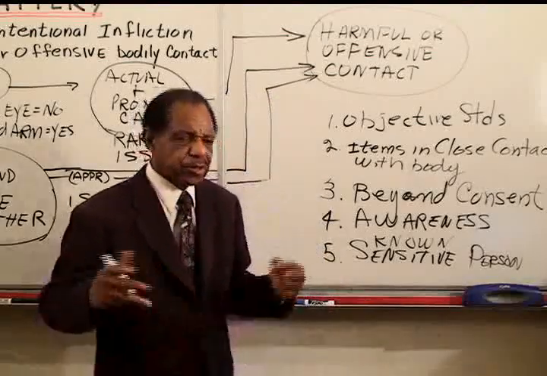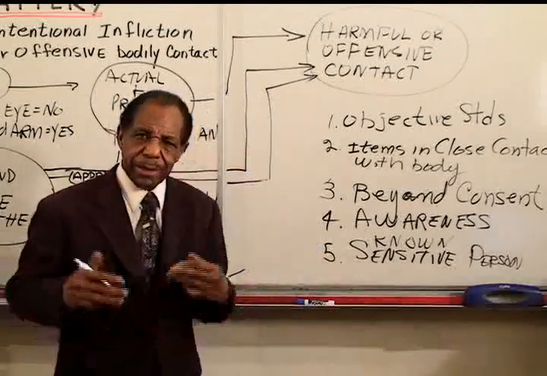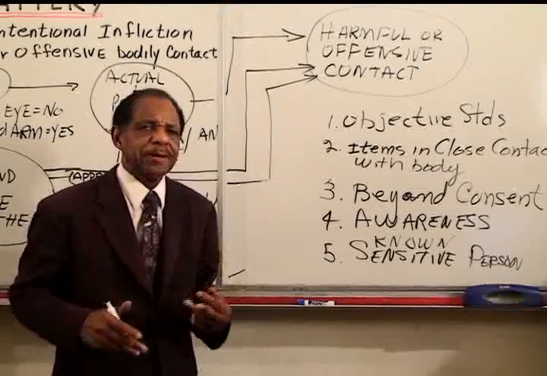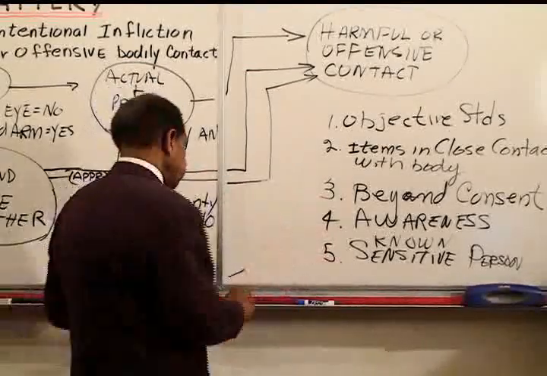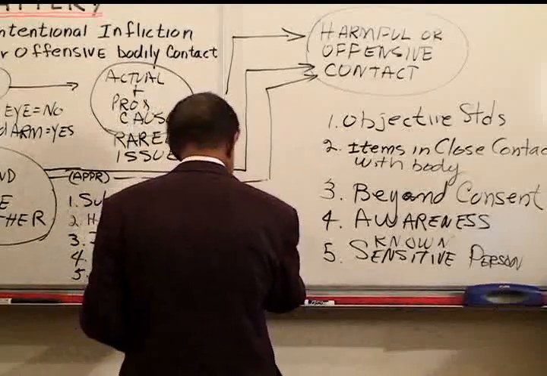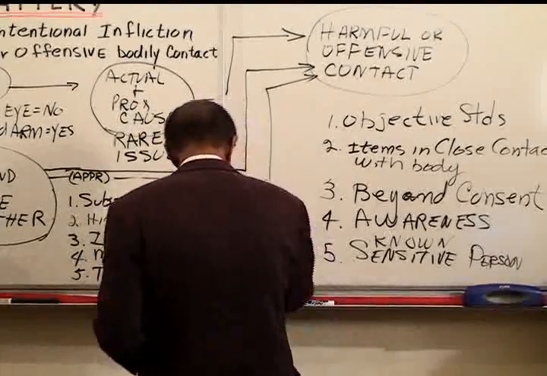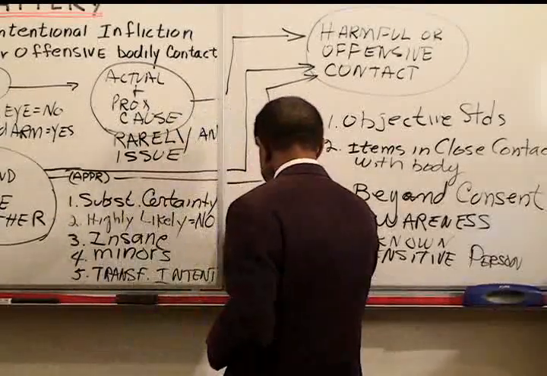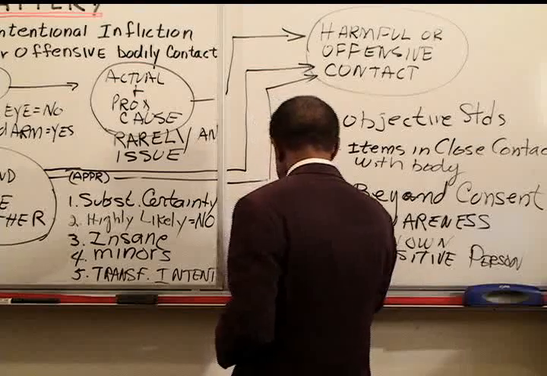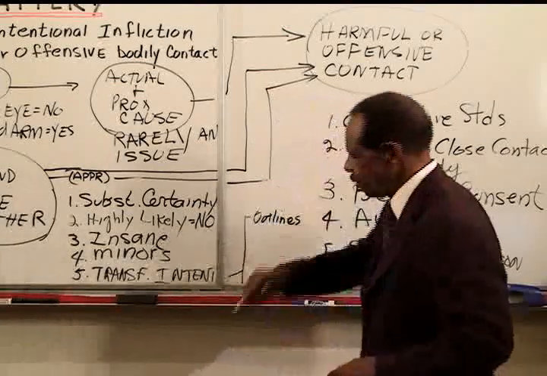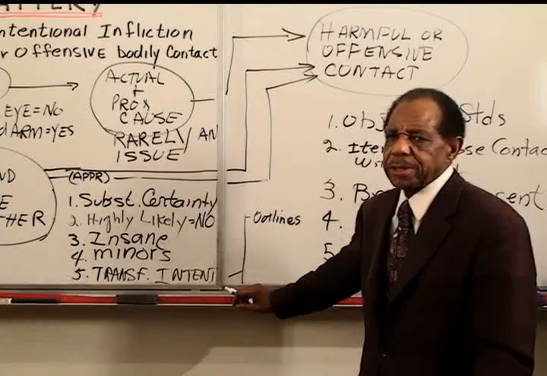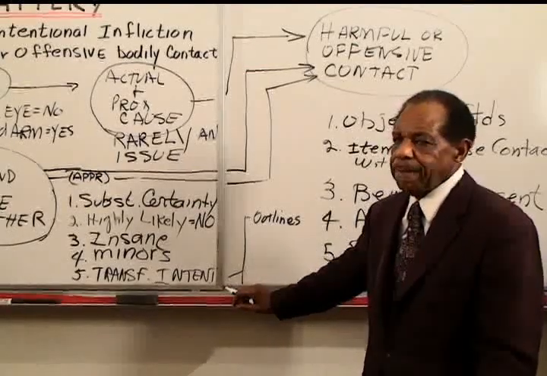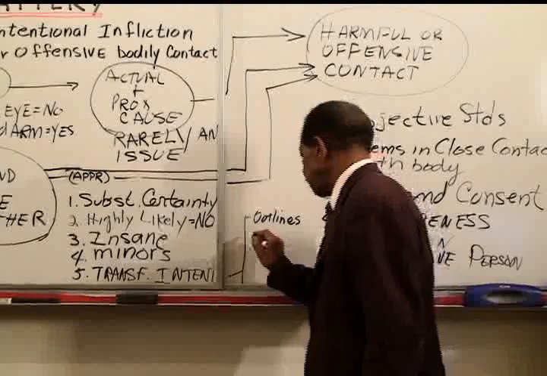And so there's a dispute now as to whether the transferred intent doctrine applies to all 5 of the common law torts or not. What has happened so far is that the outlines, like the bar outlines, most of them for the major bar review courses, just list all 5 of them and say that all 5 are interchangeable. And you can take that position.